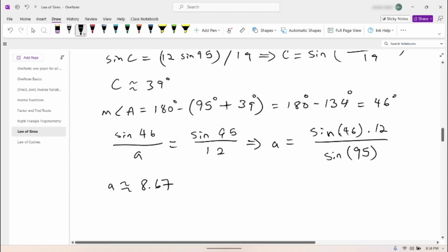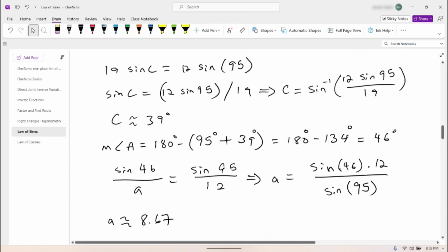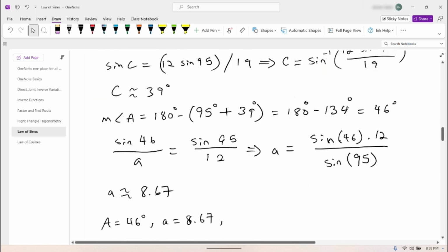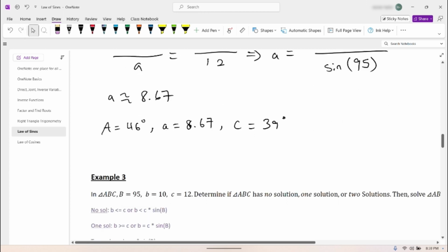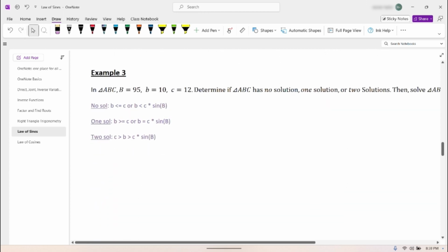A is approximately 8.67, rounded to two decimal places, hundredths place. All right, so now we can conclude that angle A equals 46 degrees, side A equals 8.67, and then we found angle C equals 39 degrees. So that's how we solve that problem.